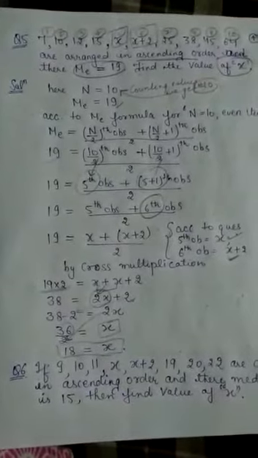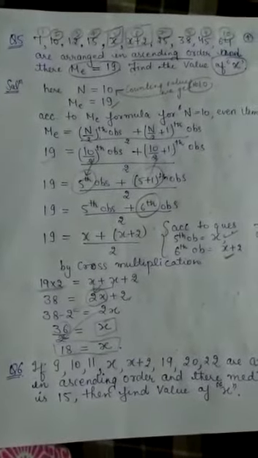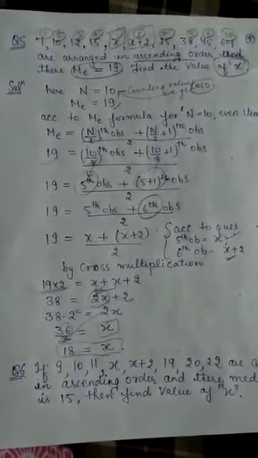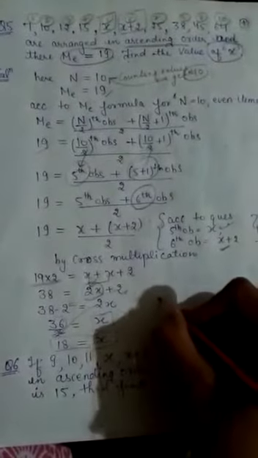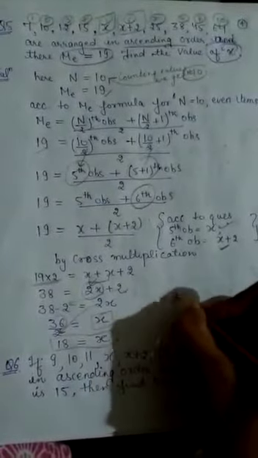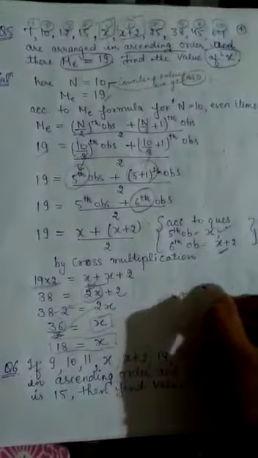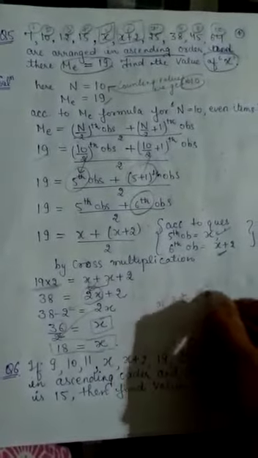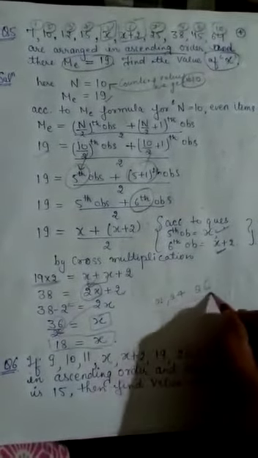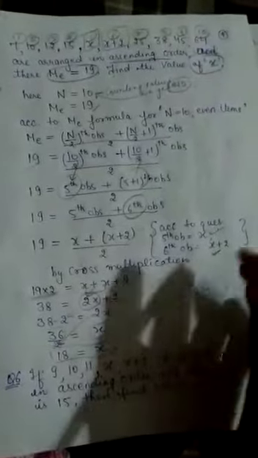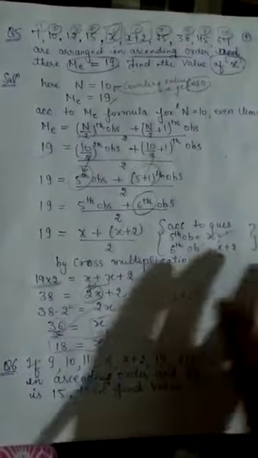Three questions I have solved in front of you. Three I have given you as homework, that is question 2, question 4 and question 6. This is your homework. Try to solve them.